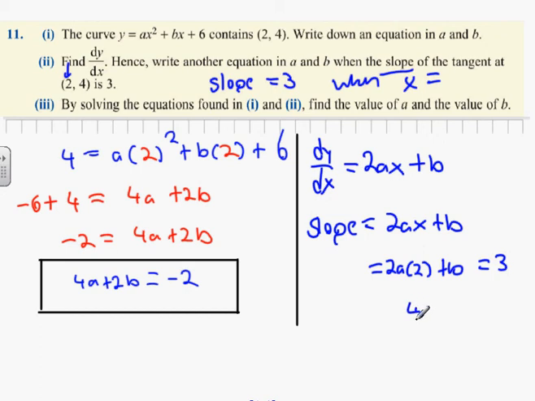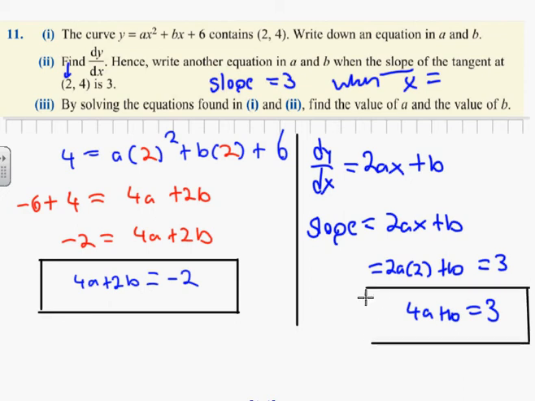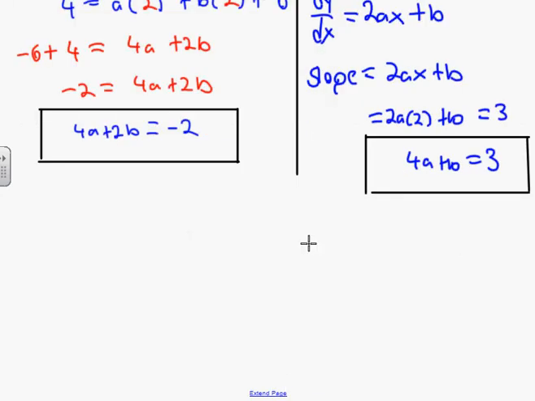So you're going to get 4a plus b equals 3. What type of equation is that? Simultaneous. So that's your second equation. Anybody suggest how we do this? I have 4a plus 2b equals minus 2. Can anybody tell me how do I get rid of 4a?